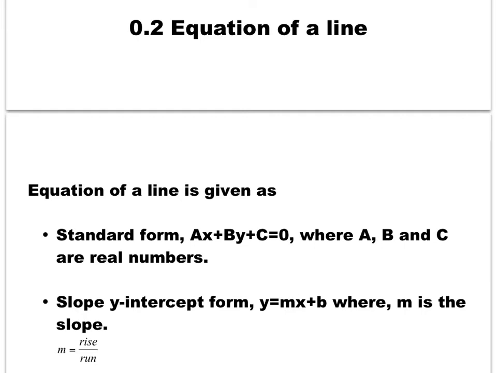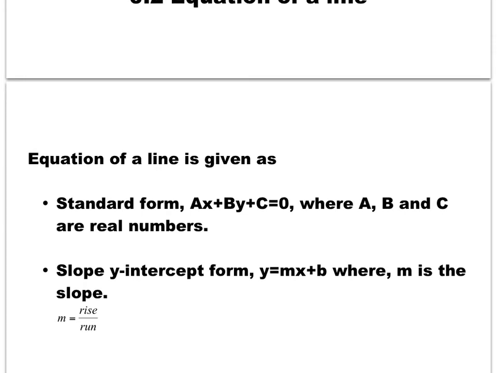And the other one that you remember from grade 9 is called slope y-intercept form. The slope y-intercept form is written as y is equal to mx plus b. Now, m is called the slope, and b is called the y-intercept.